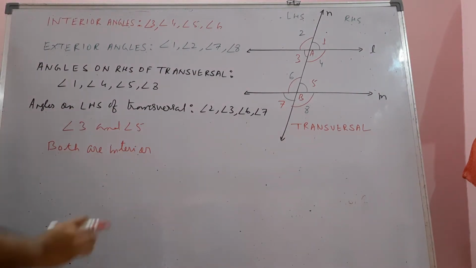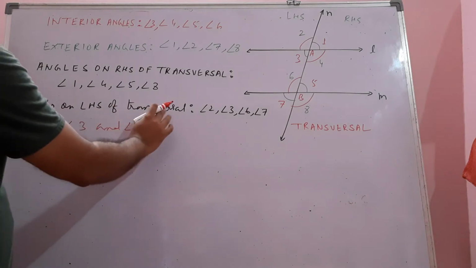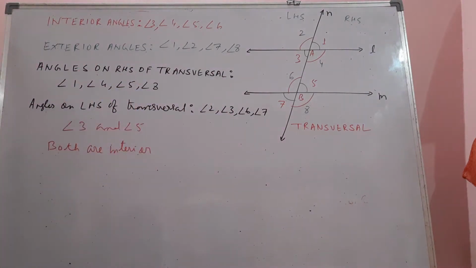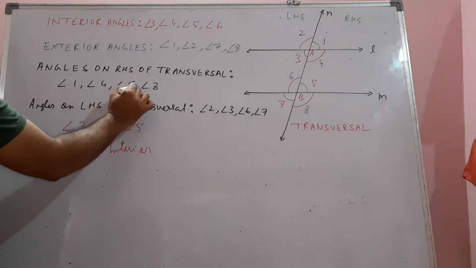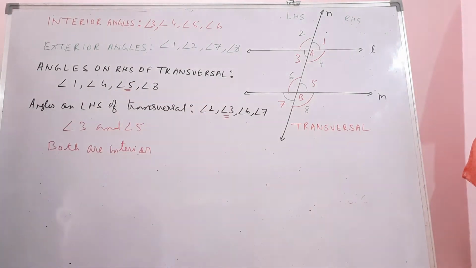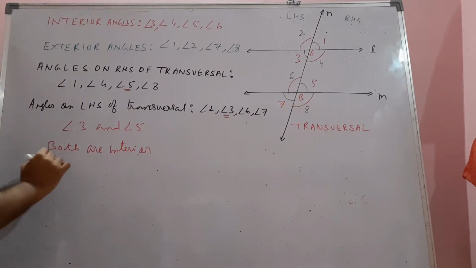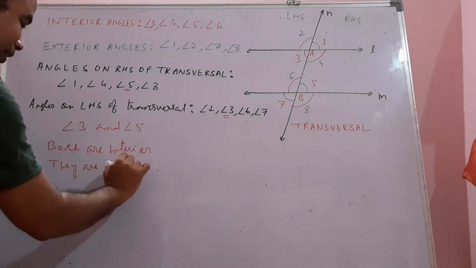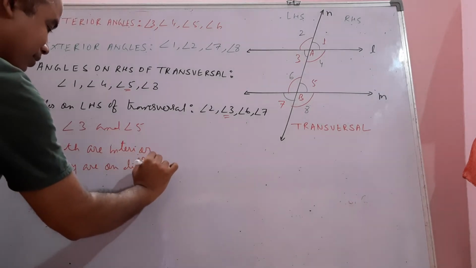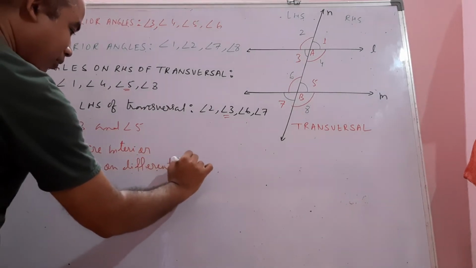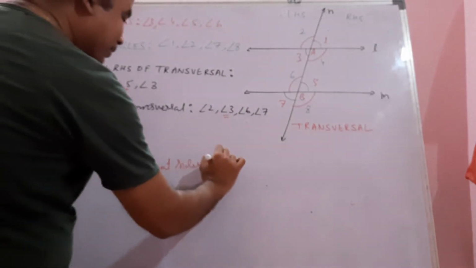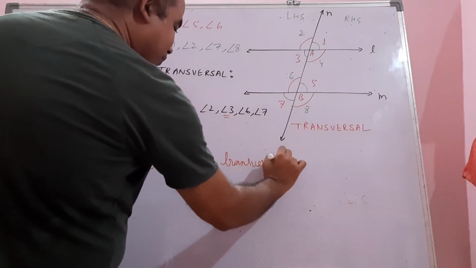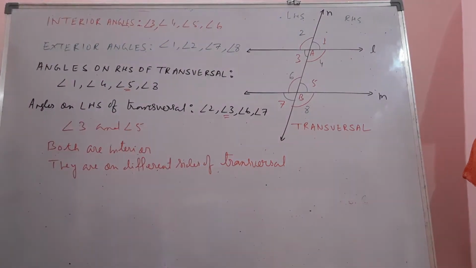Next I can see that 3 is on the left side of the transversal, 5 is on the right side of the transversal. That means they are on different sides of the transversal.